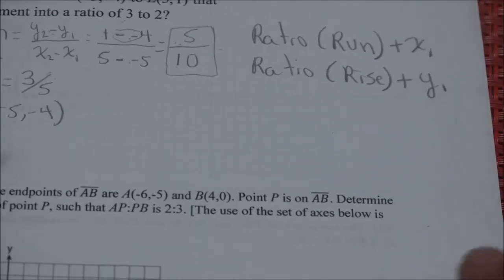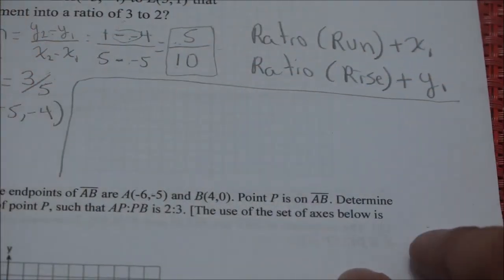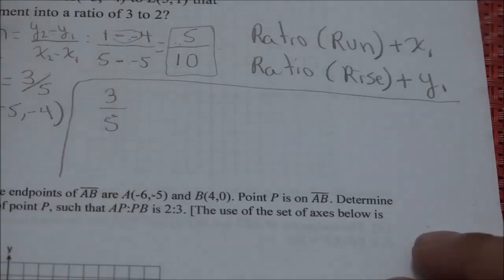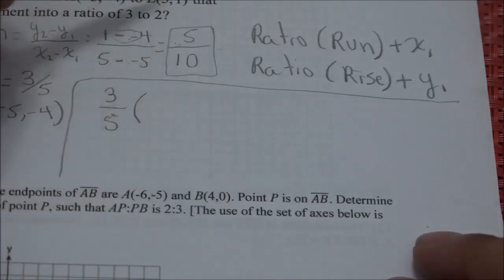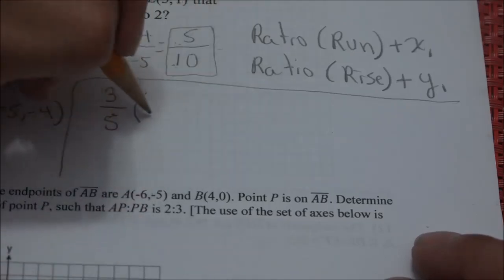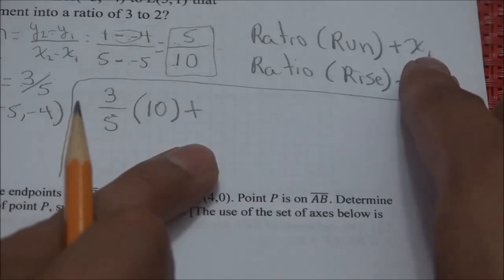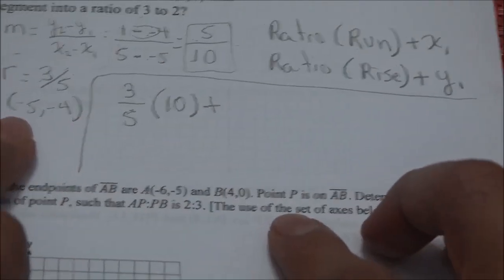Okay, so my ratio, I'm going to just make a separate area over here. My ratio is 3/5. I'm going to multiply by the run, which is the run out of this and this number? Exactly, 10, plus x1, meaning your location. Which one's your location? Right here, -5.